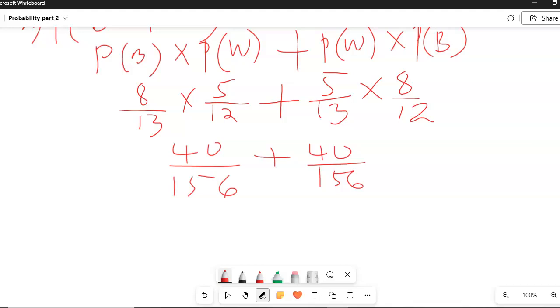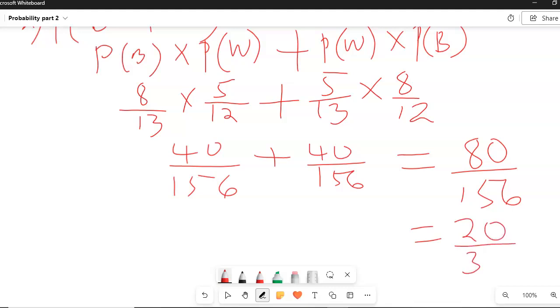So when we add the 2, we are going to get 80 out of 156. When you simplify 80 out of 156, dividing by 4 on both, we are going to have 20 over 39.